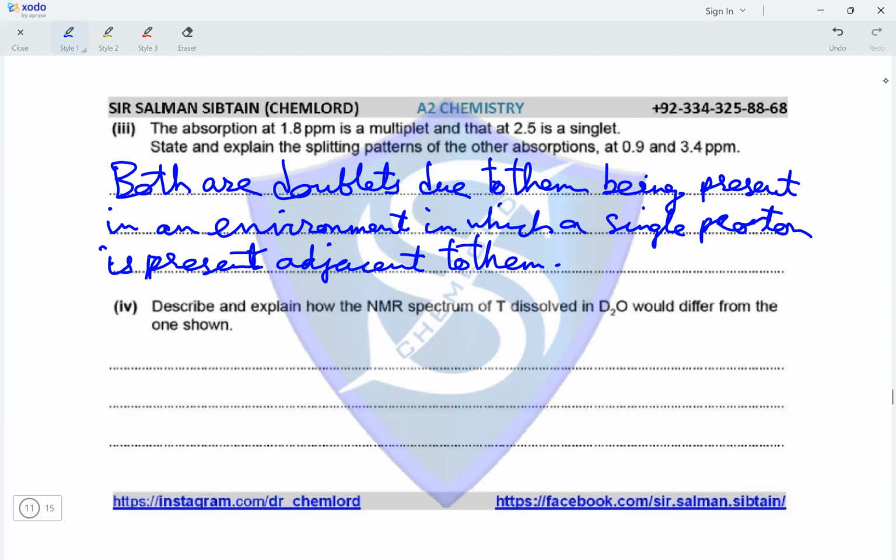Describe and explain how the NMR spectrum of T dissolved in D2O would differ from the one shown. So we have an OH group present.